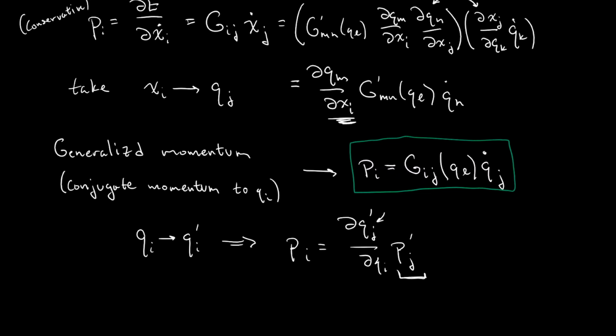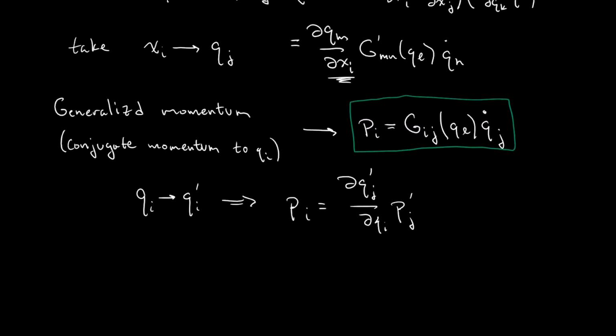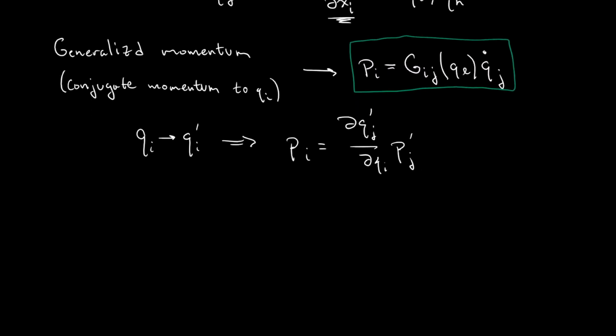But that's just from doing these transformations, working through them, and this is the transformation rule that you get. If you like your names, I believe this is transforming as a covariant rank 1 tensor, whereas the q's transform as a contravariant rank 1 tensor. But whatever, that's for those that are interested. That's the naming, but not super important.